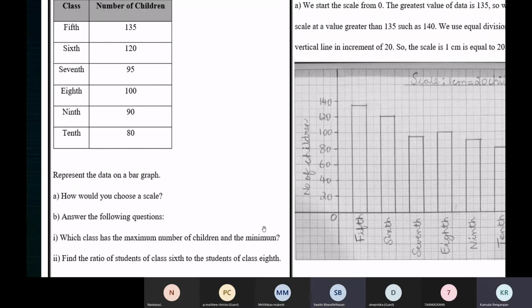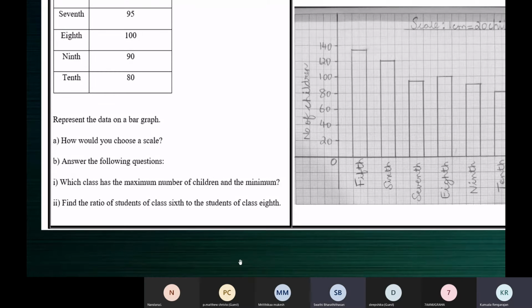Whatever's first, like now, if you're asked to find the ratio of girls to boys, then you should write girls in the numerator and boys in the denominator. If you're asked to find the ratio of boys to girls, then you must write boys in the numerator and girls in the denominator. Whichever is mentioned first will come in the numerator.